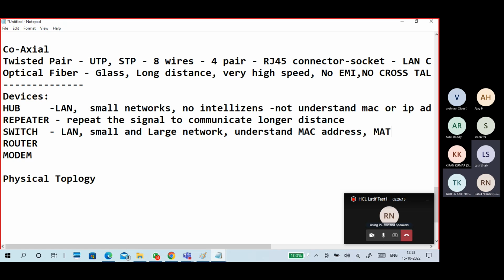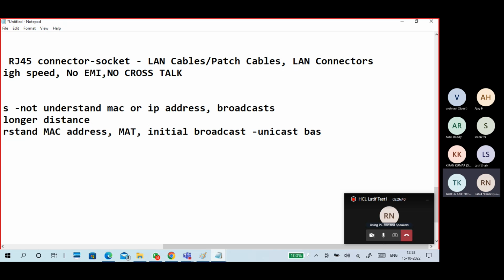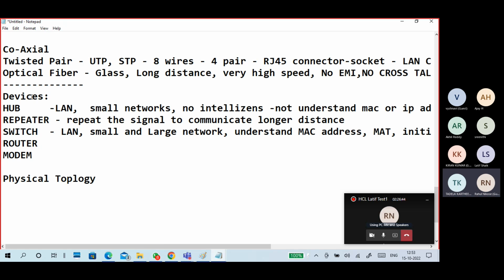A MAC address table is there. It initially broadcasts, but later it is unicast based on the MAC address table.